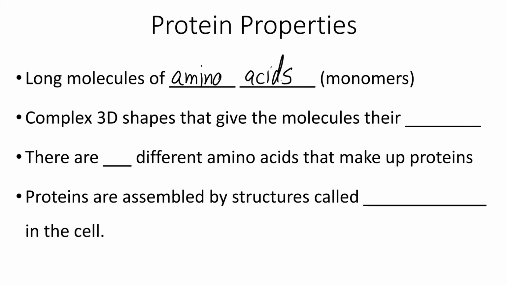Now when looking at proteins, proteins are long molecules of amino acids. So proteins or polypeptides are the polymers, and amino acids are the monomers, or the individual building blocks. But what happens with this long chain of amino acids is it ends up curling and folding on itself, forming a complex 3-dimensional shape. And it's the 3-dimensional shape of these proteins that give them their functions.